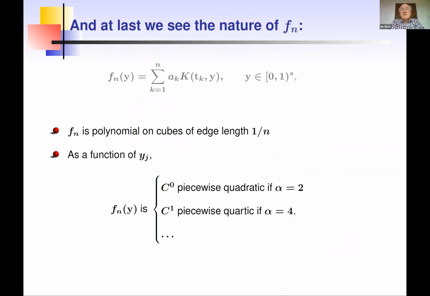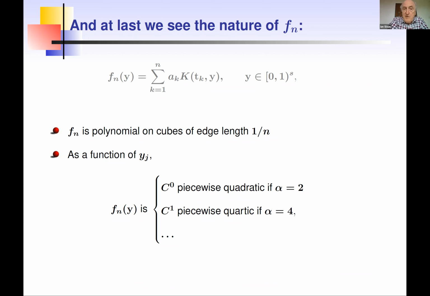And at last, I think we see the nature of Fn. It's only just become clear to me what the nature of Fn is in the end. On cubes of length 1 on n, you can obviously divide up our unit cube into n to the s cubes of length 1 on n, just a regular partition. On each such small cube, Fn is a polynomial.